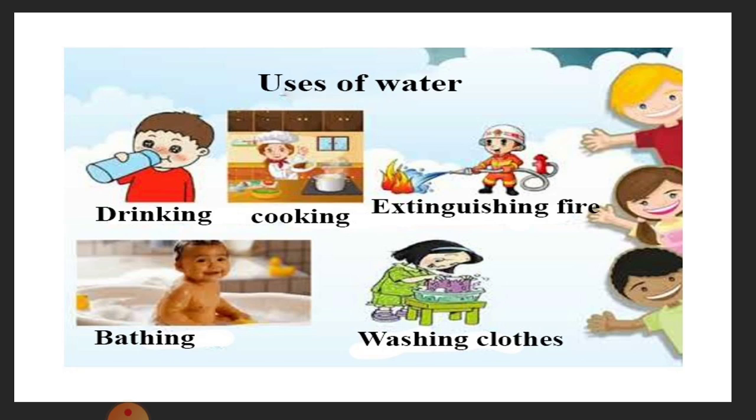Water is needed for several purposes such as drinking, washing, bathing, cultivation of crops and manufacturing things in industries, etc. Of course children, we need water. Water is very important for all the living beings.